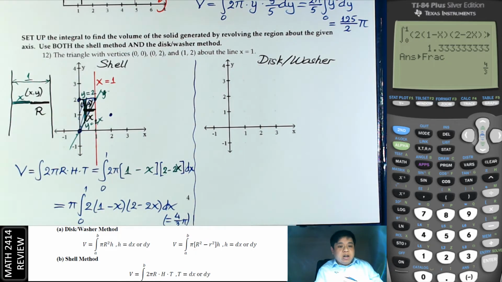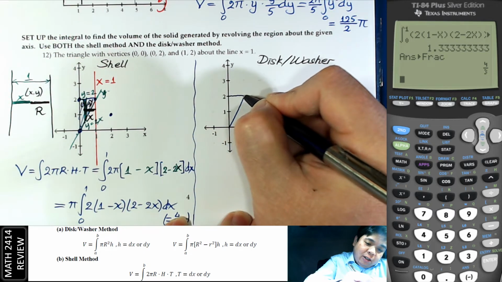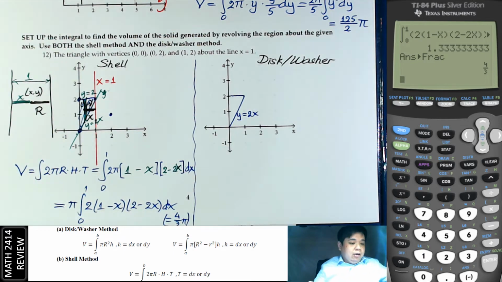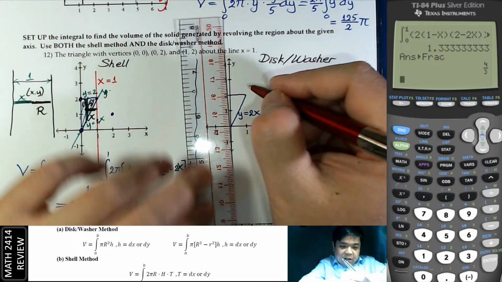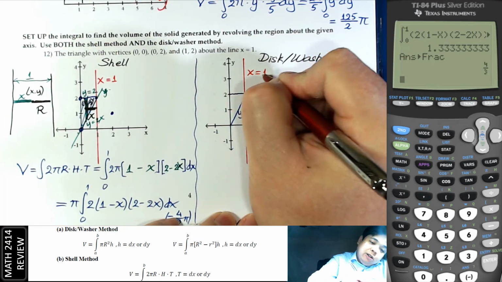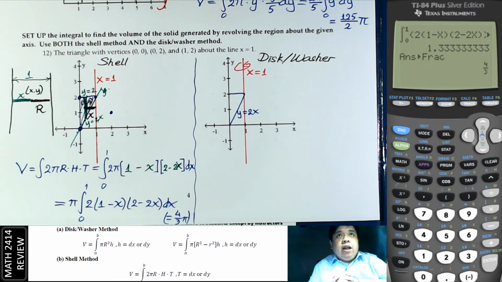Now for the washer, first we have to draw this region again. This is y equal to 2x. Now the axis of rotation is x equal to 1. Now, as you see, the axis of rotation is not part of the boundary, or the boundary does not include the axis of rotation.